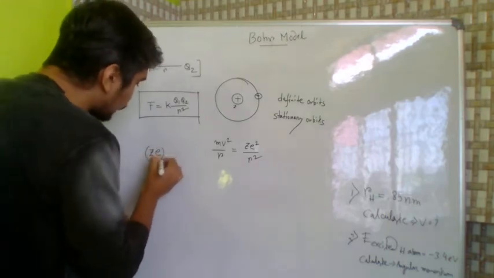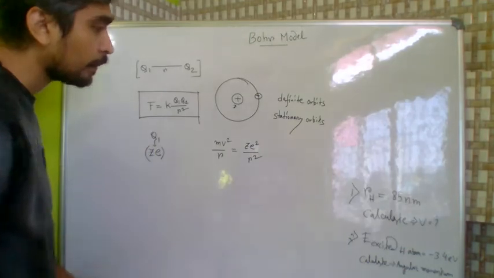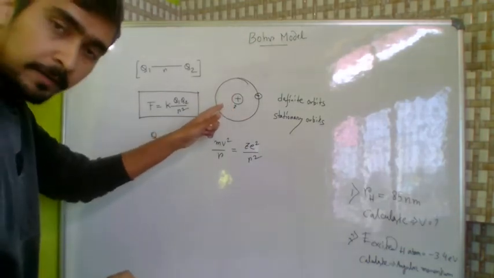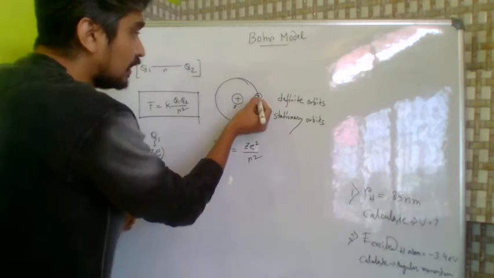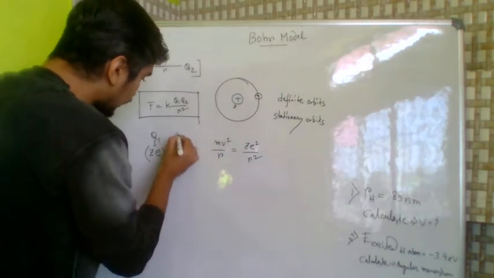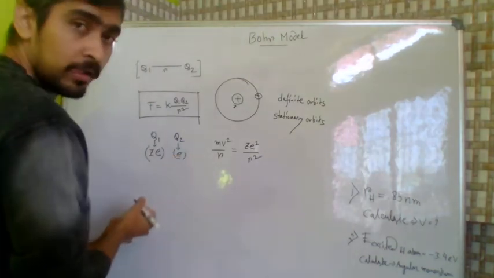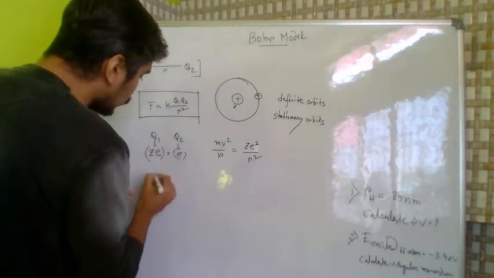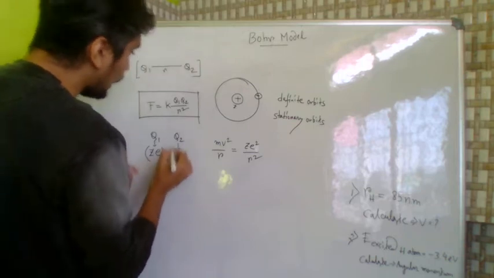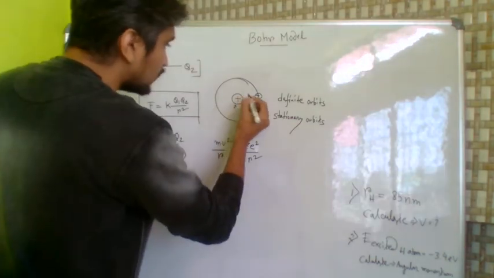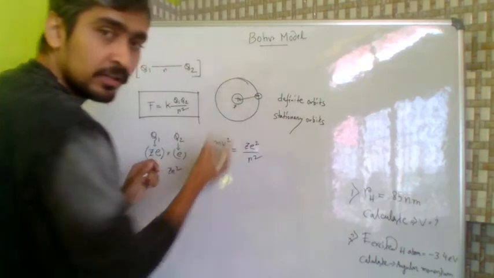Suppose this is Q1. And Q2 here is the electron, and the charge of one electron is one electrostatic unit. The product of these two is Ze square, and suppose they are r distance apart.